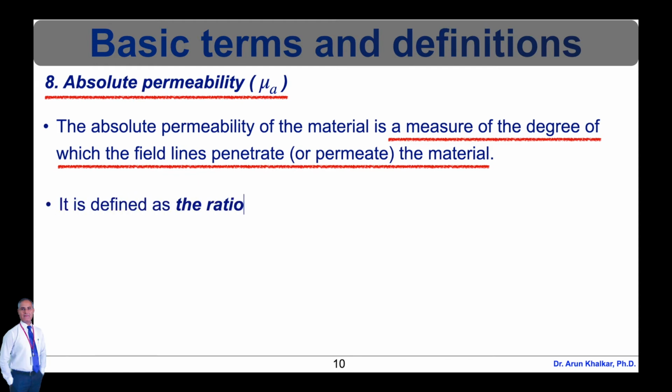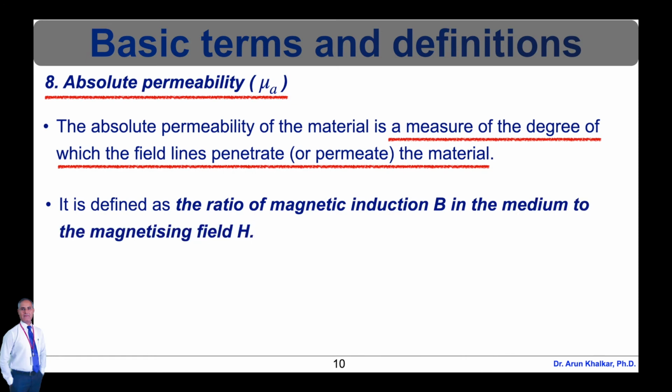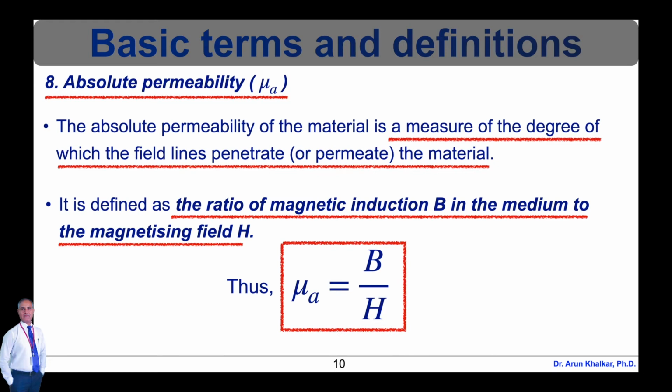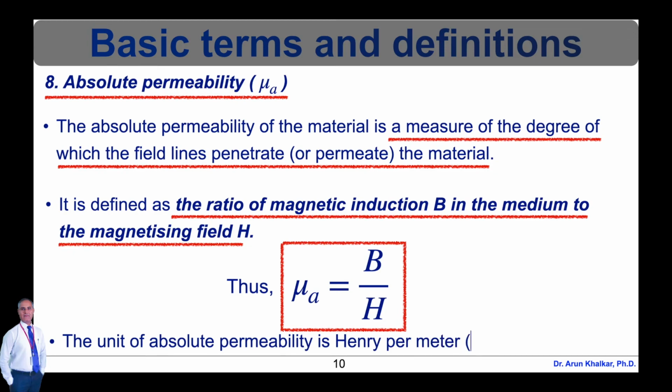It is defined as the ratio of magnetic induction B in the medium to the magnetizing field H. Thus, we can write absolute permeability mu a is equal to B upon H. The unit of absolute permeability is Henry per meter.